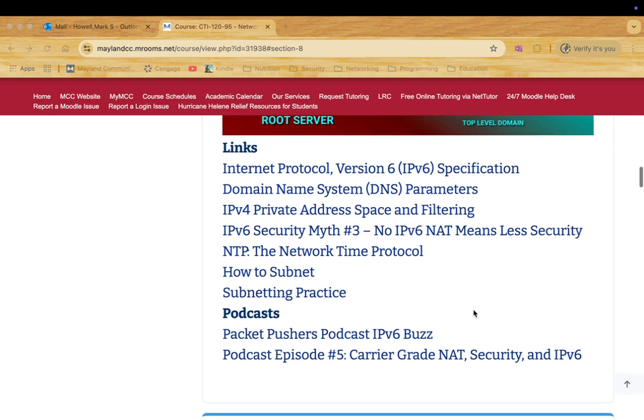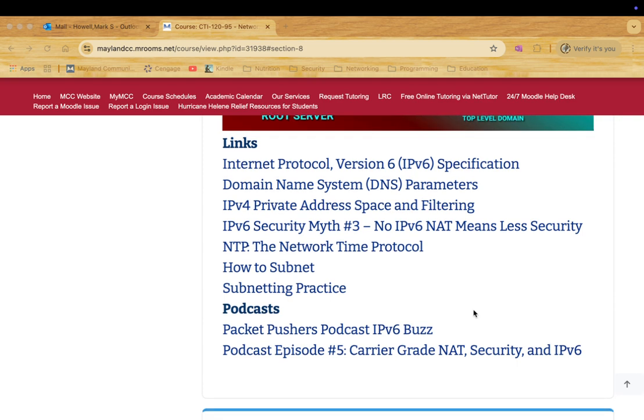And when we talked about how to break down that network into smaller networks, there's a skill to it. There's things that if you were going to go on to be a network administrator, you'd really want to know: how do I protect my network? How do I break it down? So a couple of links on how to subnet, how to practice that.